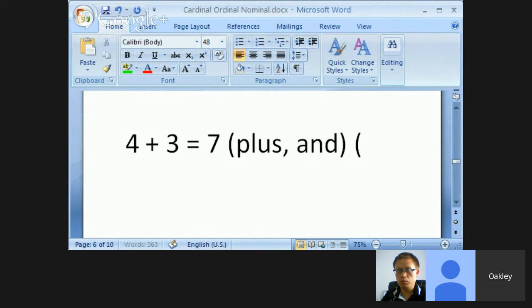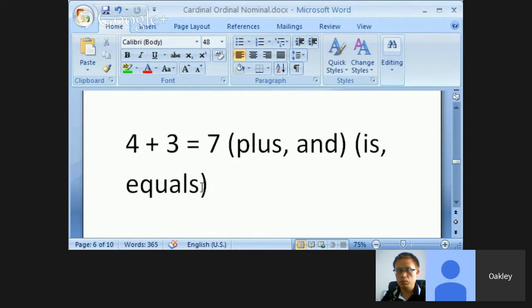And we can say is, as Zingyo did. That's correct. 4 plus 3 is 7. 4 and 3.